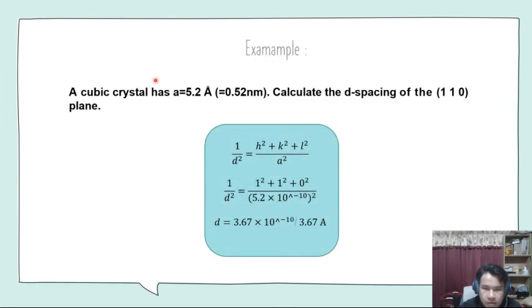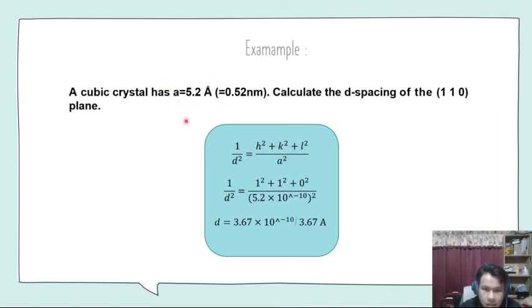For the example given, a cubic crystal has a equal to 5.2 angstroms. Calculate the d-spacing of the 110 plane. Just use the formula because a is given here.